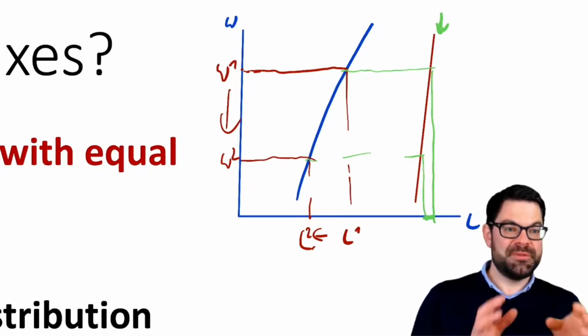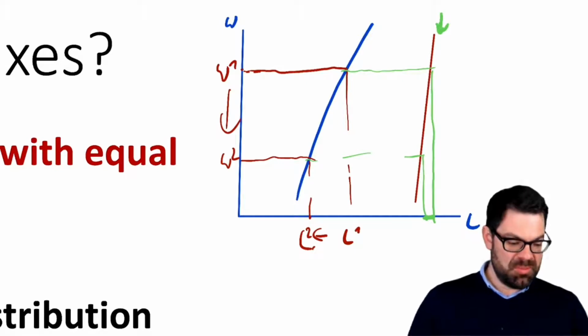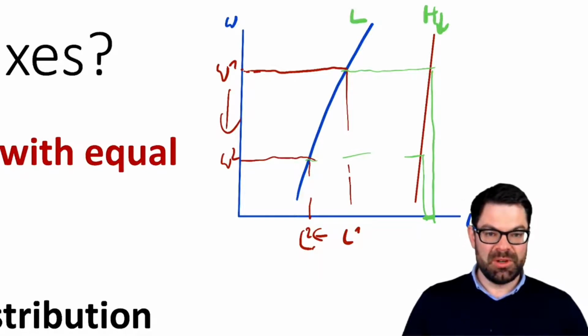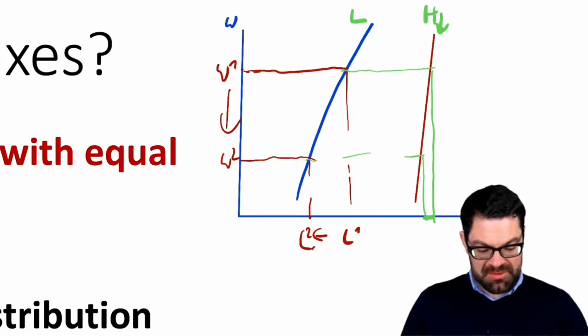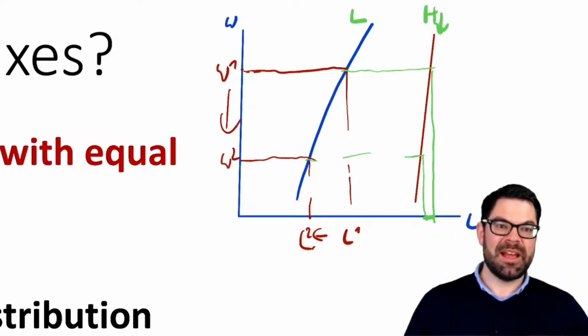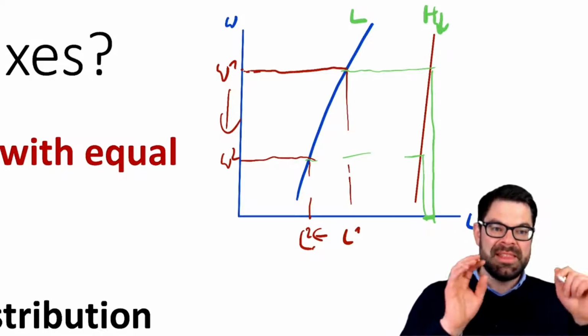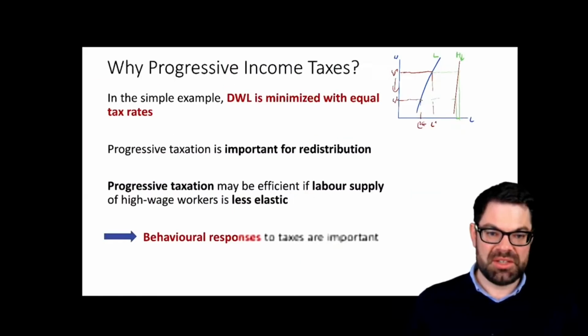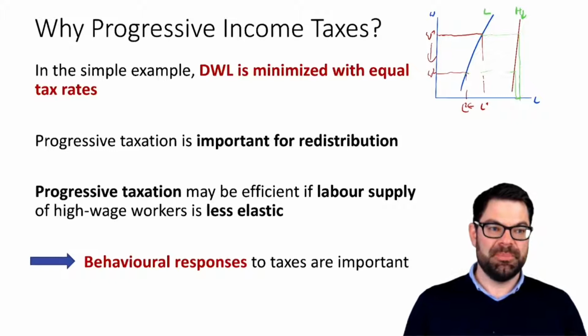Yeah? And if that's the case, so suppose these were the high income earners and these were the low income earners, for low income earners we would even have a supply curve that is even flatter, so they would react more. In that case, progressive income taxation can actually be efficient.